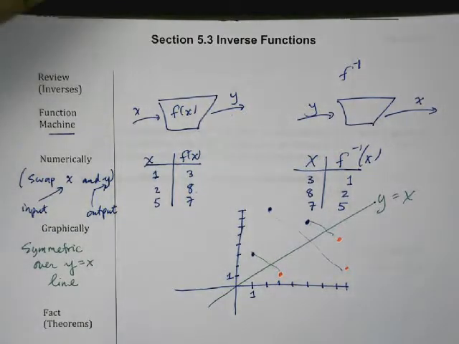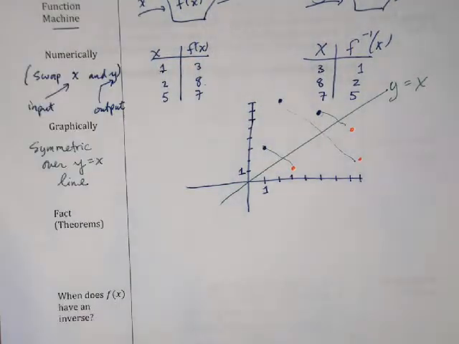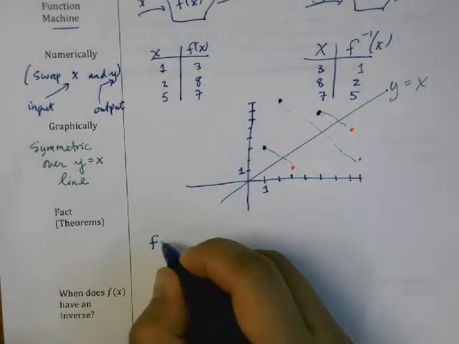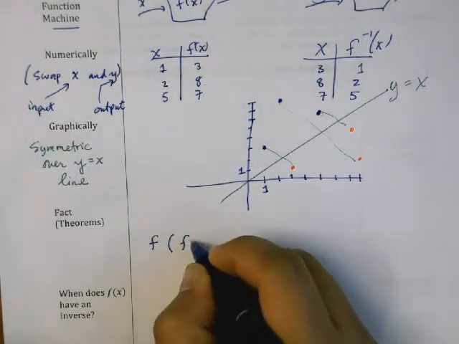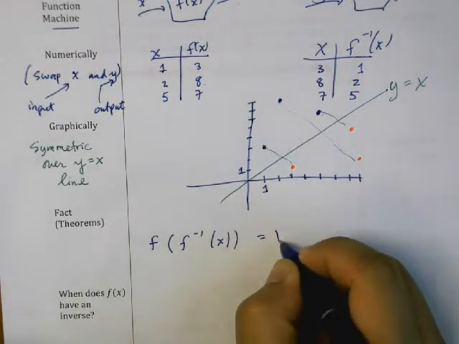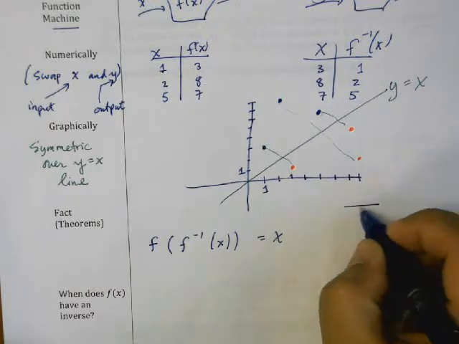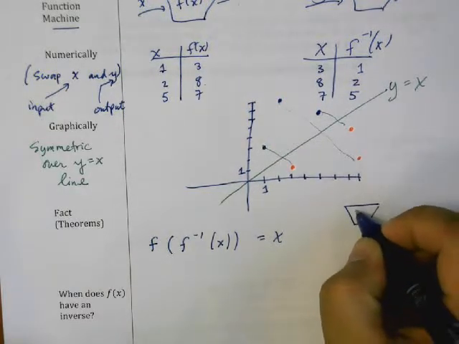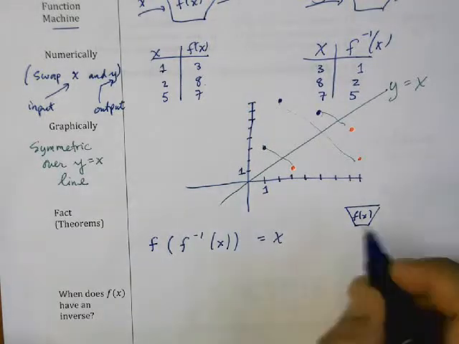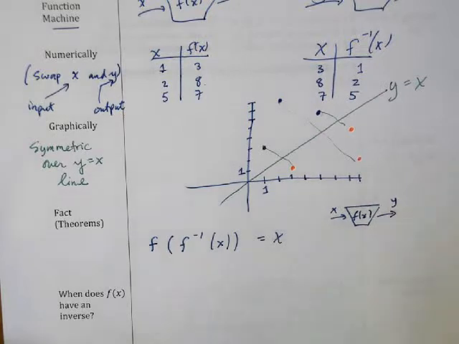So let's keep going, and let's see just a couple facts regarding functions and their inverses. One thing that we do know is that if you take f and you compose it with f inverse, then you should get x again. In other words, I have a function f of x, and x goes in and then something else goes out.